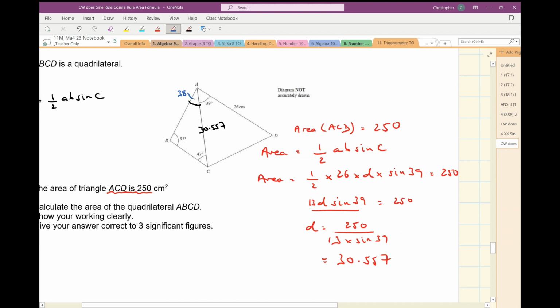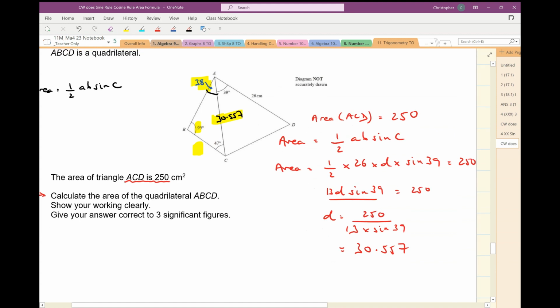Okay. So now, look at this, I can use the sine rule. I've got that side and the opposite angle, and I've got this angle, so why not use that to find this side here. Because then I'll have two sides and the enclosed angle, the 47. So I'll be able to use the area formula. So I'm going to call this side here little a, and I'm going to use the sine rule.